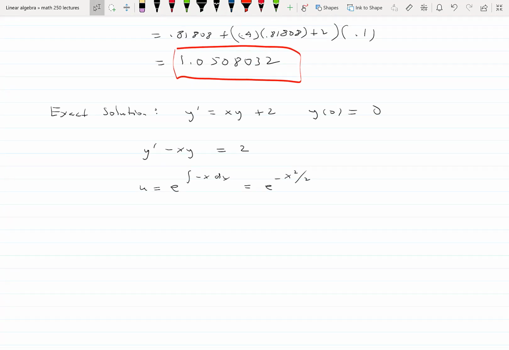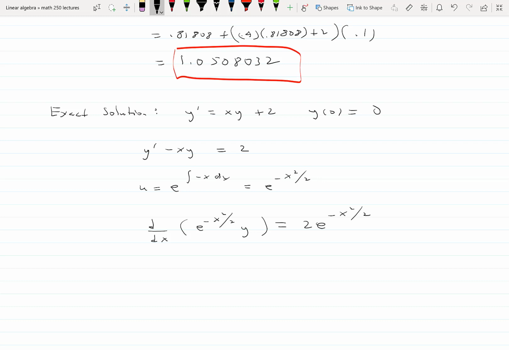So the left-hand side collapses into the derivative with respect to x of the integrating factor times y, equals 2e to the negative x squared over 2. And this is not a nice case.